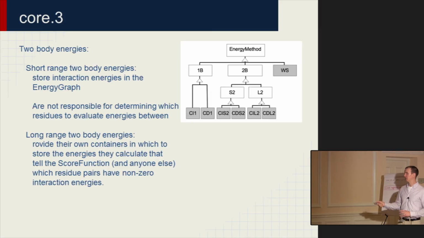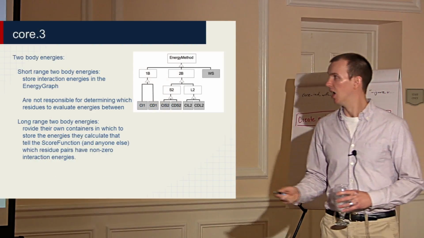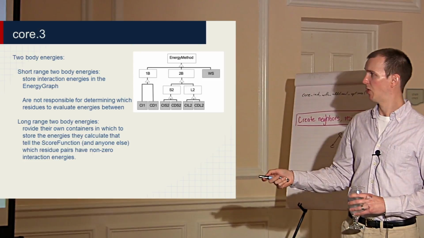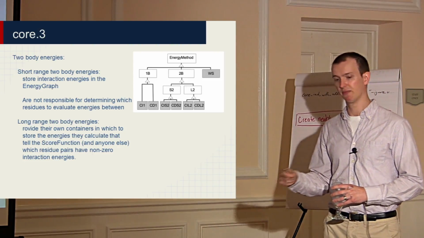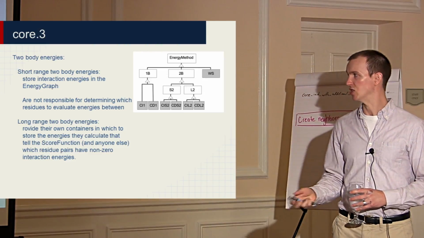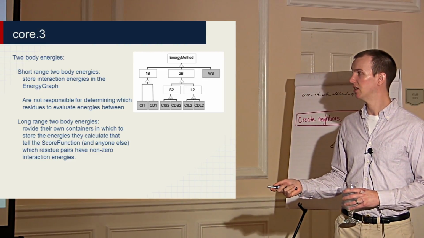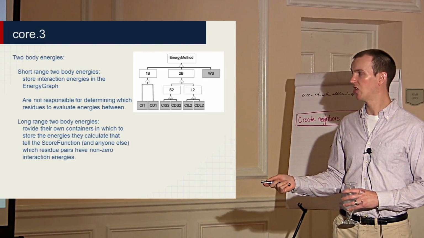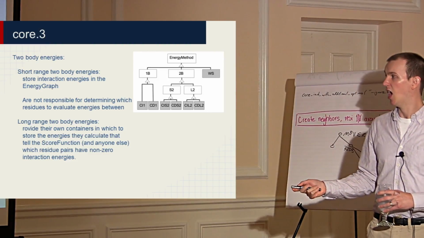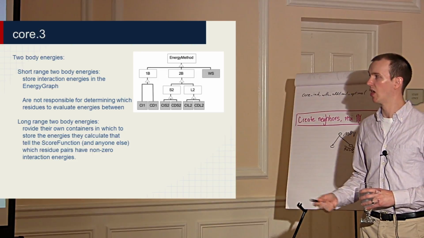And they are effectively relieved of the responsibility for having to evaluate the energies themselves. In contrast, the long-range two-body energies have to provide their own data structures, their own containers in which to store the energies that they calculate. And these containers tell the score function, or the packer, or anyone else who cares to listen, which residue pairs have a non-zero interaction energy.